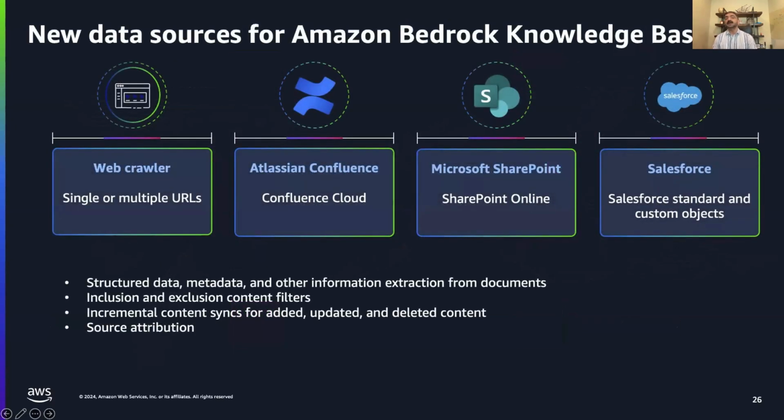Sometimes you might be thinking, I don't have all the information I need in a PDF. Some of it could be in my SharePoint site, or in Confluence, or maybe on another website, right? So the knowledge base now has connectors that can connect to those data sources, so that you can pull the appropriate information from different data sources, in addition to just supporting S3.